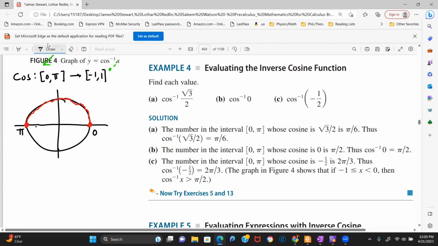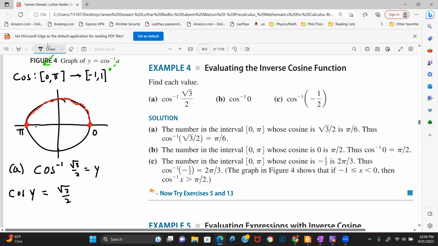All right, so let's try solving A. We want to do cosine inverse of root 3 over 2, call that y, and whatever y is, it has to satisfy this equation. So we're talking about a point on this red arc where the x coordinate is root 3 over 2, so it's positive.